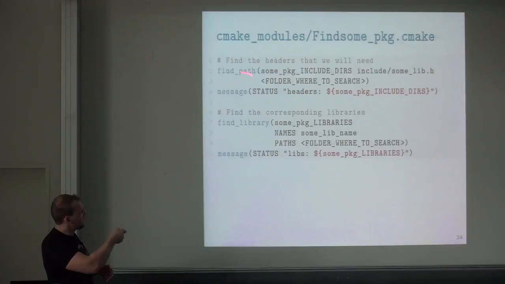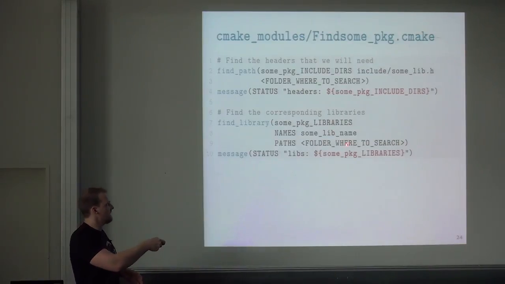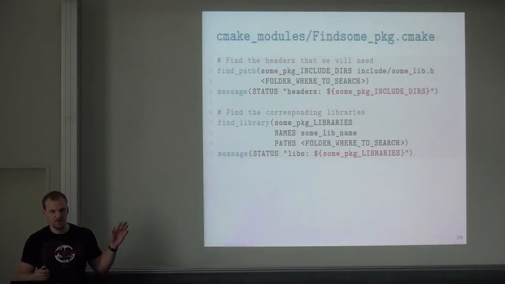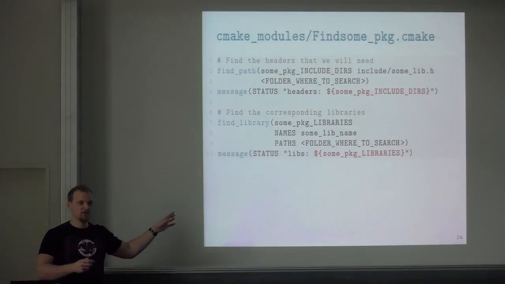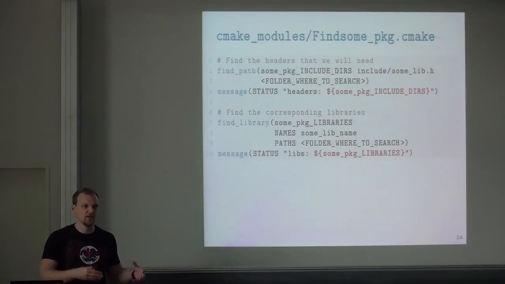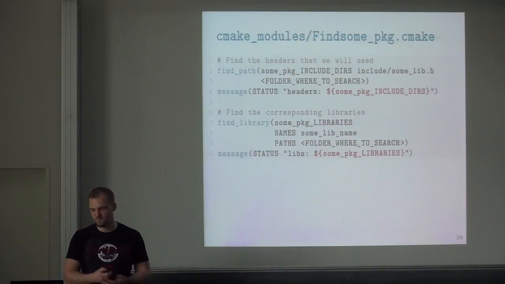So what it does, it finds some paths of some include, and it has to be some package include dirs, and it finds a library, which will be some package libraries, and it searches for some library name and folder of where to search. Okay, so you will not need to write those files. It's just for you to understand that there is no magic, and when it doesn't do what you want it to do, you can always look inside and understand what it does.